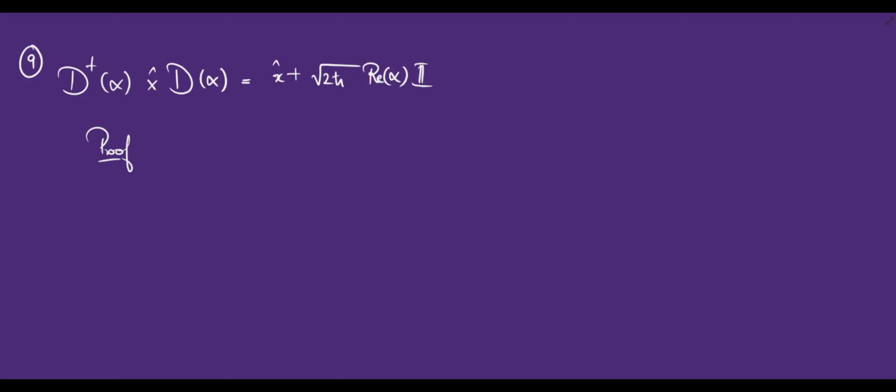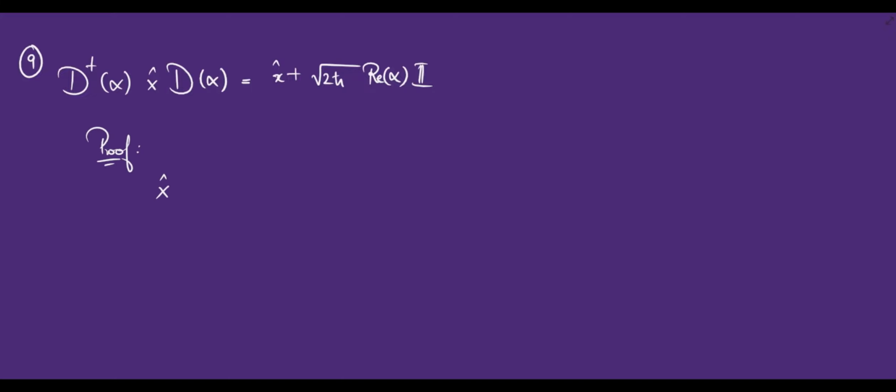What happens if I act them on the quadrature operators? This is what I claim, that d dagger alpha x cap d of alpha is equal to x plus root of 2 times h bar real part of alpha times identity. So the proof is easy.